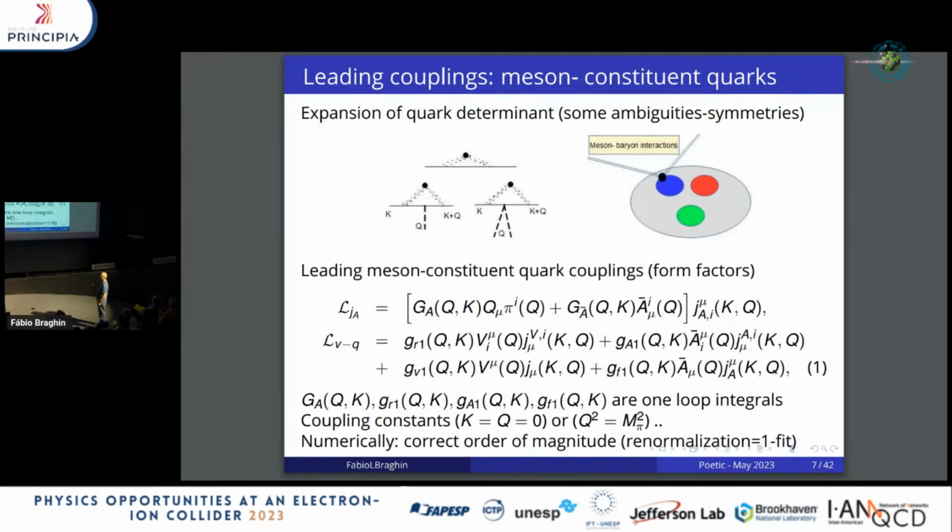When calculating these form factors numerically by choosing a gluon propagator inside this form factor, usually I choose a point, a sort of renormalization condition for the axial coupling constant. Usually in the constituent quark model, it is given by 1. And all the other coupling constants and form factors appear in the correct order of magnitude.